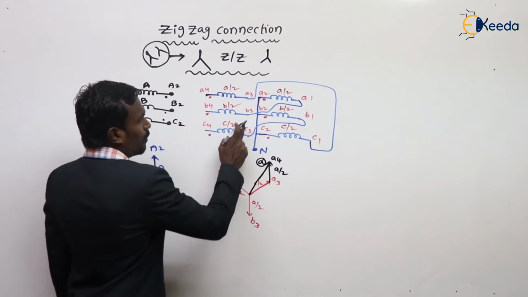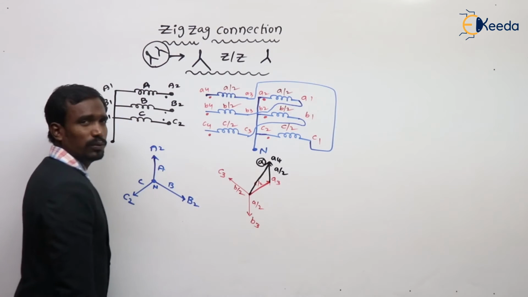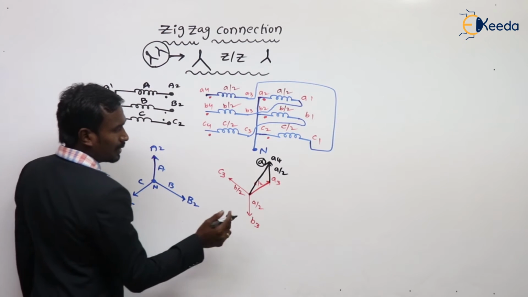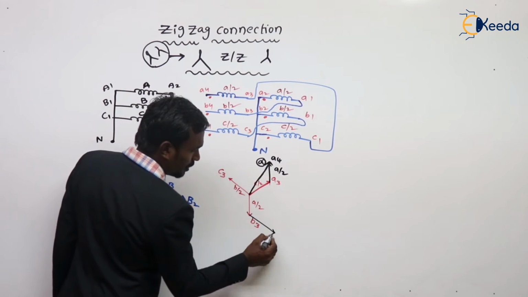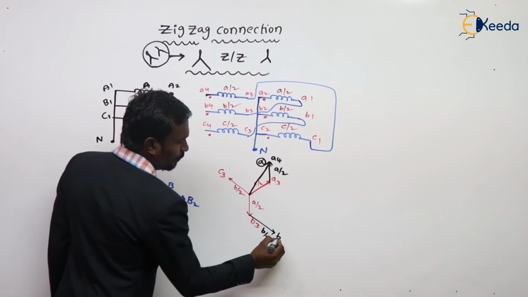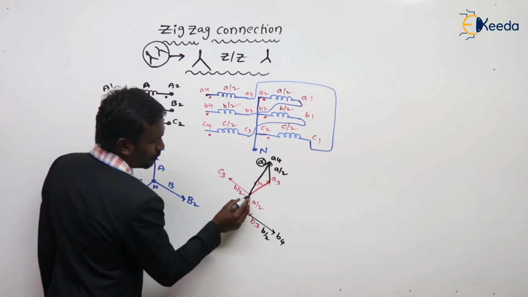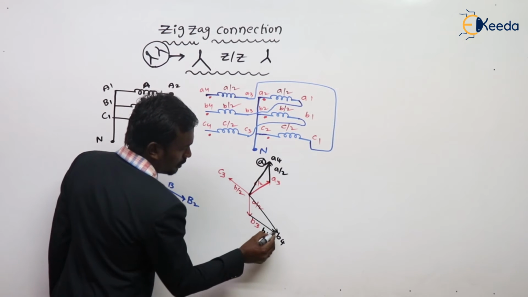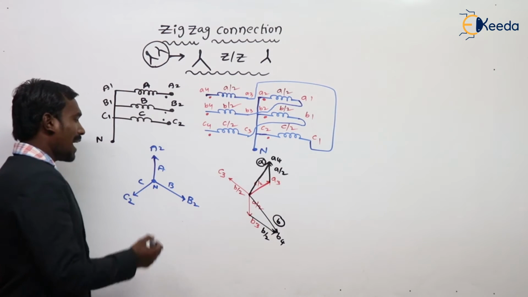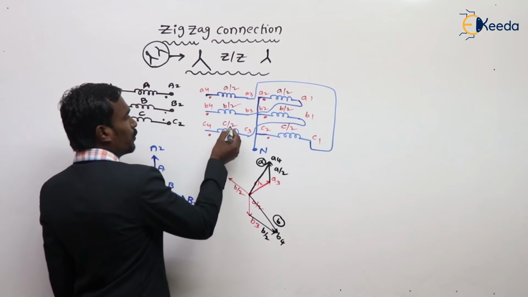And next one, from B3 to B4, B by 2. Where is B? B is like this. In the same direction we have to take. This is B3 to B4, B by 2. So this is actually B. And next C3 to C4, C by 2.